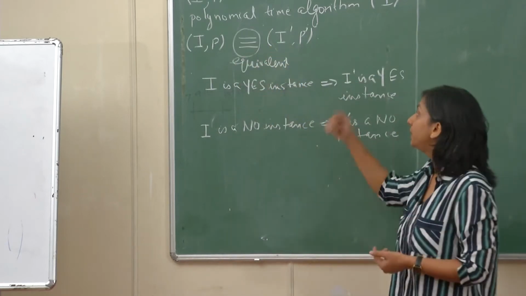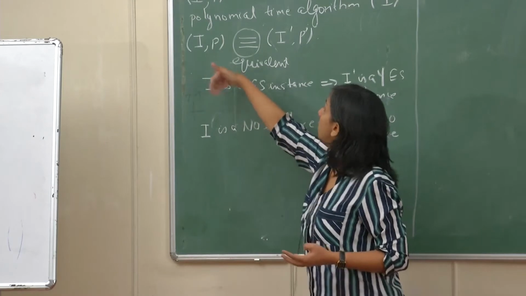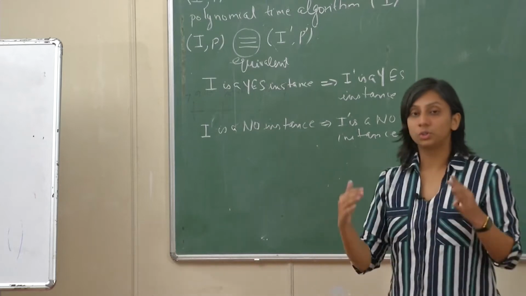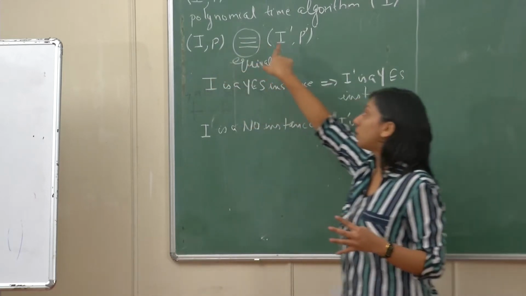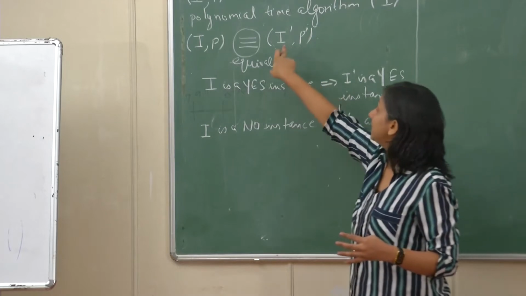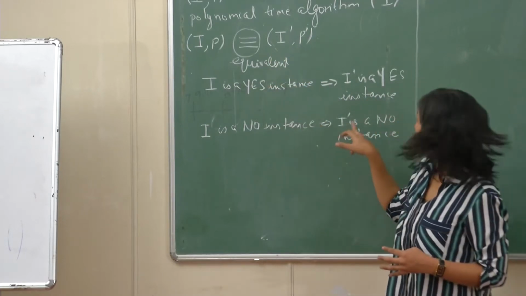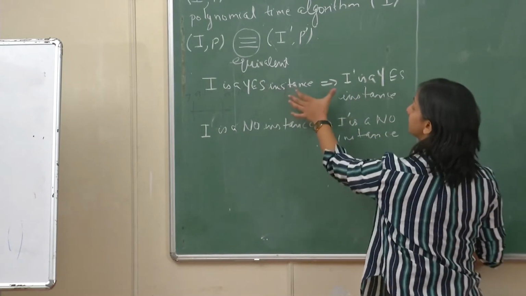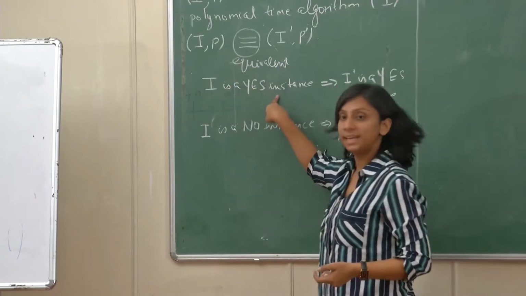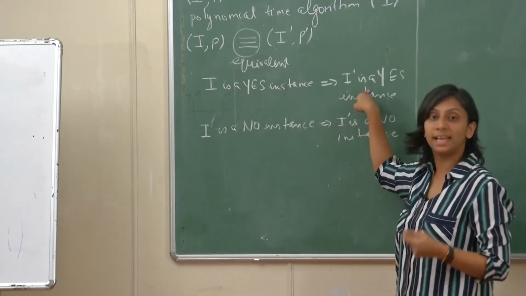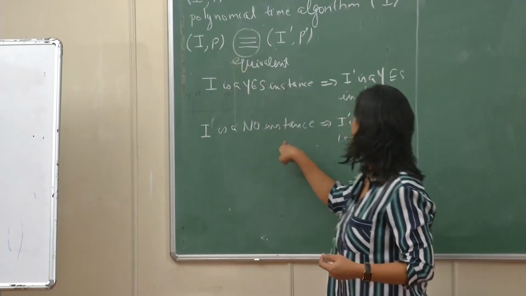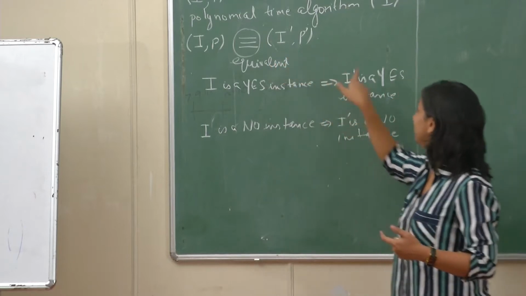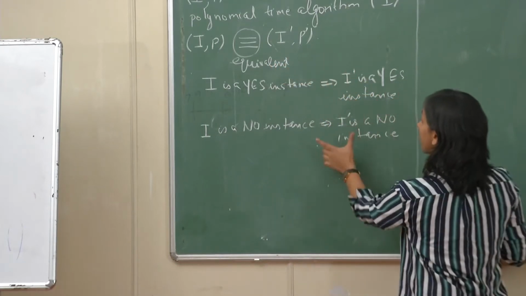So suppose in polynomial time, starting from this instance, I can come up with an instance that is equivalent to this. Then observe that we have boiled down solving the problem on this instance to solving the problem on this instance, because if this instance says no, look at the contrapositive of this, or in other words, if I was a yes instance, then this instance would say yes, and if I was a no instance, then this instance would say no. Or in other words, if at all this instance says yes, look at the contrapositive of this statement.